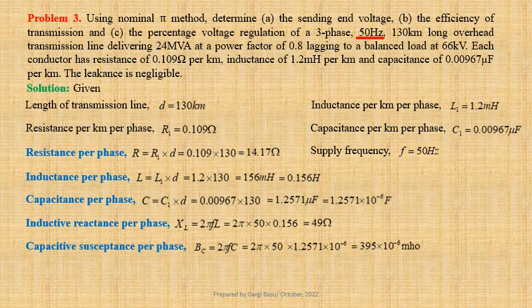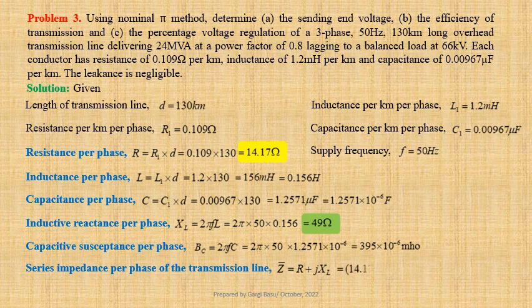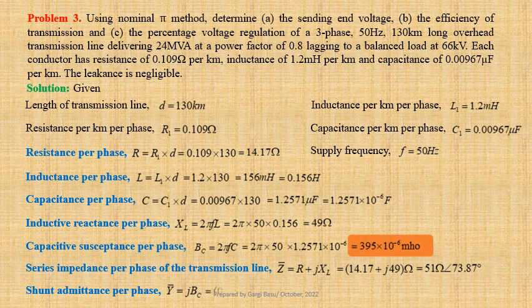Let us now determine series impedance per phase of the transmission line. Z equals R plus JXL, that is equal to 14.17 plus J times 49 ohm. This may be written in polar form as 51 ohm at an angle 73.87 degree, and shunt admittance per phase Y equals J times BC, that is equal to 0 plus J times 395 into 10 to the power minus 6 mho.